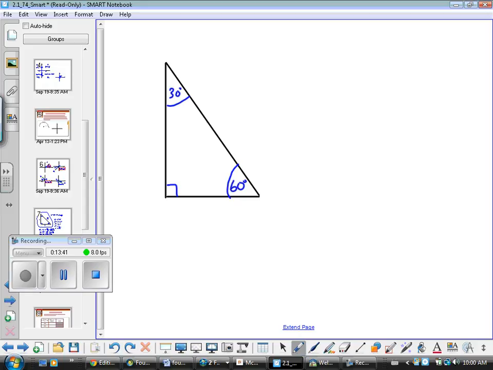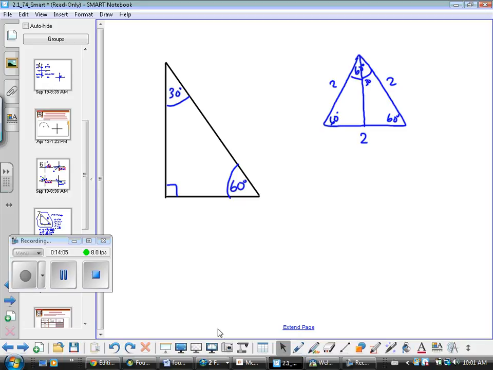The way that they get this is they show you that you can consider this to be half of an equilateral triangle. If you take the equilateral triangle and make each side 2, and then you cut it in half, this bisects this angle, making it 30.